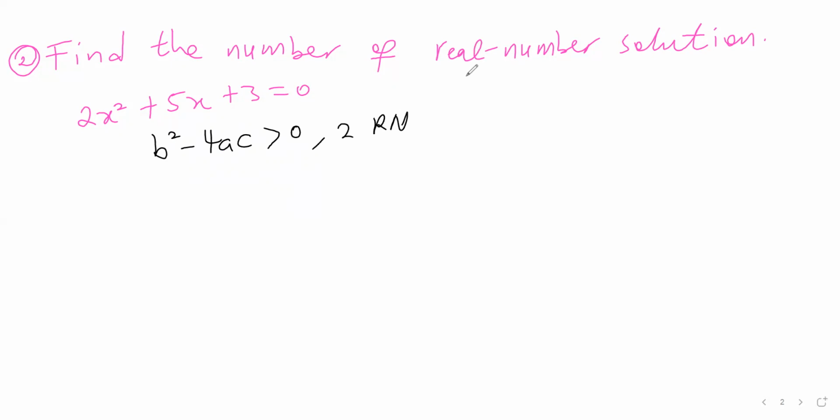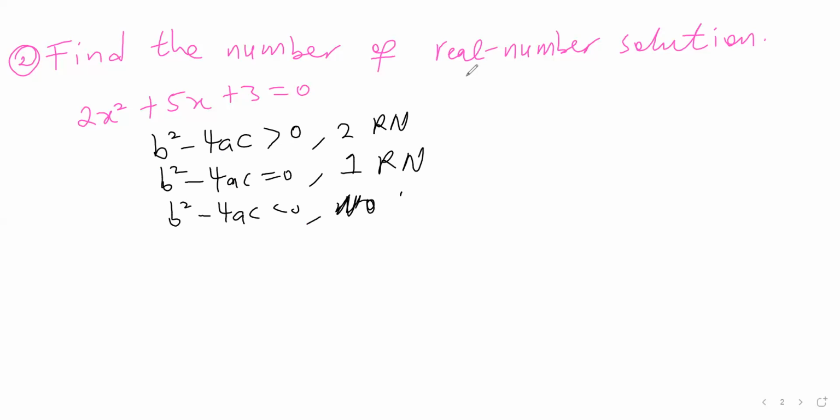If it's equal to 0, then we have one real number solution. And if it is less than 0, then we have no real number solution. So these are the three main points.